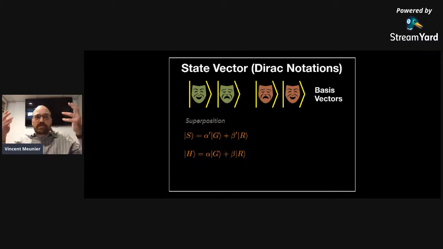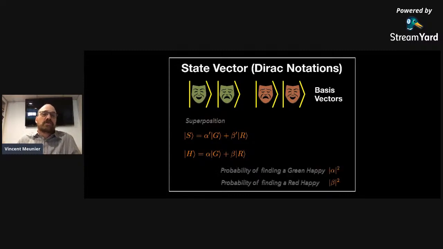The thought experiment I just showed you says that the sad monster is a linear superposition of a green and red monster with some terms alpha prime and beta prime that have to be described. So the probability of finding a sad monster being green or a happy monster being green will be alpha square or beta square. This is basically quantum mechanics in a nutshell.